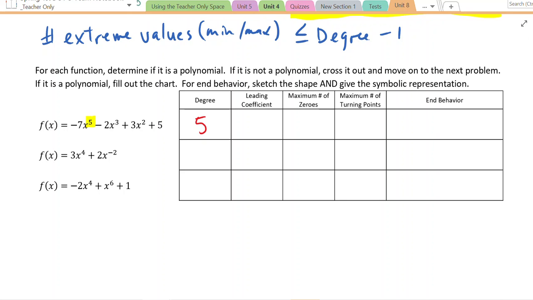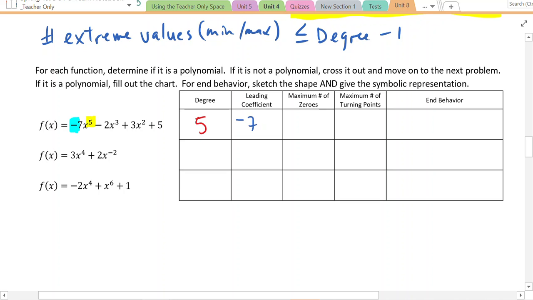The leading coefficient is the -7, so that means it is negative. Since this is odd and -7, it's going to go down from left to right. That's what that tells me, just looking at it.